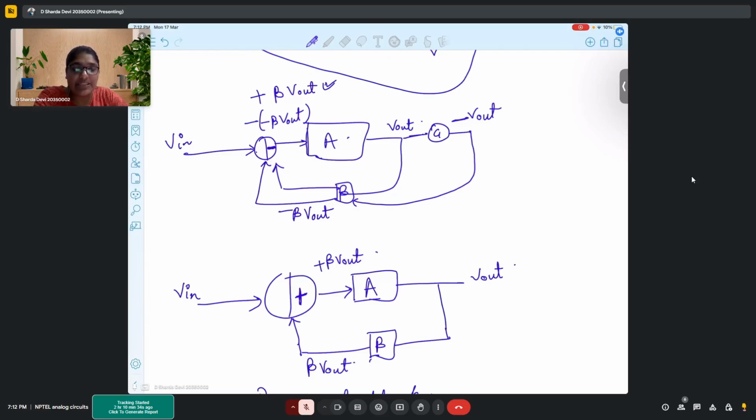That is the situation. But based on the condition that they have given, this minus V out, even though you are giving a negative feedback, the equivalent result comes out to be that of a positive feedback. What can we give as the name of that circuit, madam?